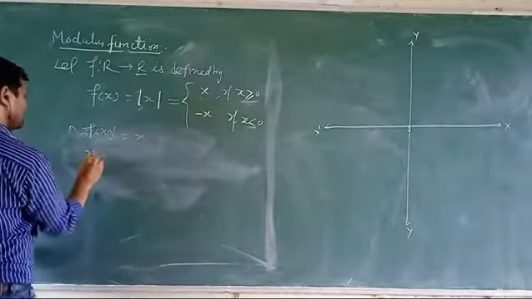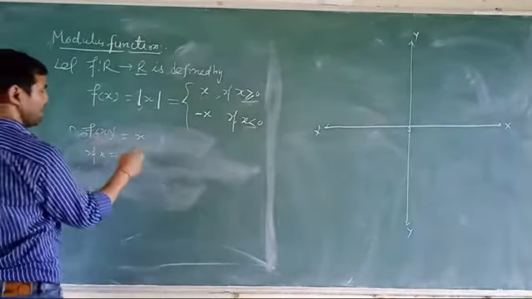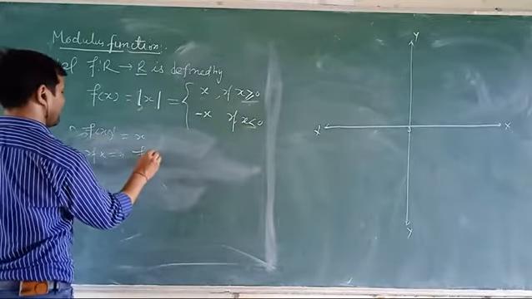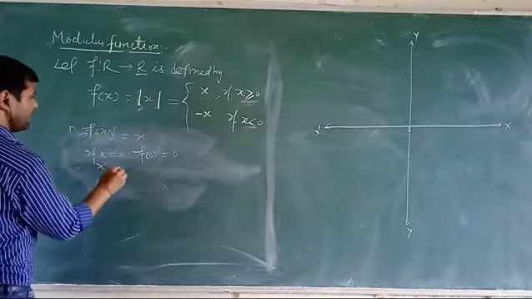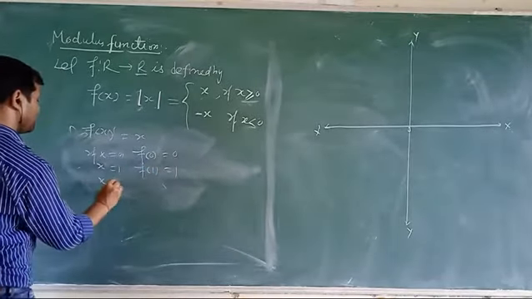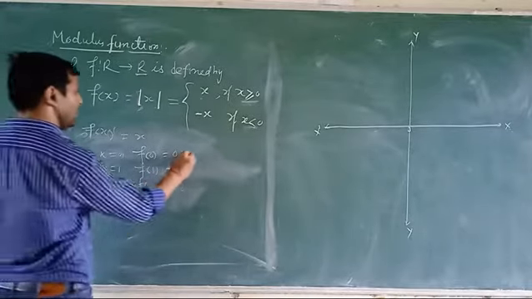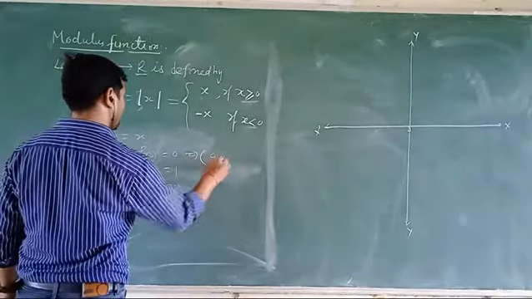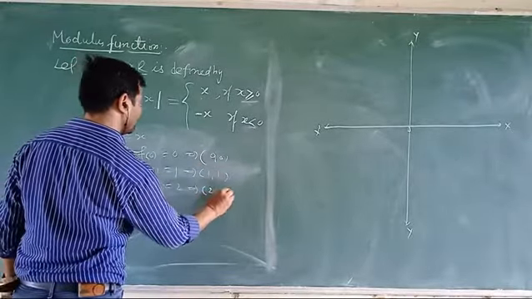If x is equal to 0, then f of 0 is equal to 0. If x is equal to 1, then f of 1 is equal to 1. If x is equal to 2, then f of 2 is equal to 2. Then the points will be (0,0), (1,1), (2,2).